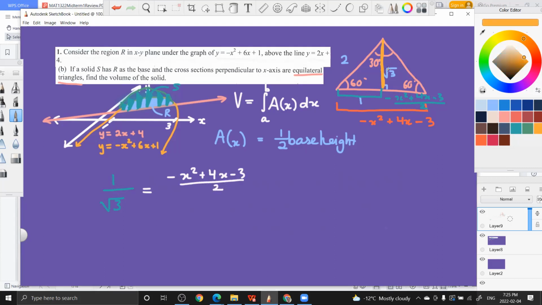And the height, we can say h. H is the height, right? So divided by the height. So you will find that the height is equal to the square root of 3 times negative x squared plus 4x minus 3 divided by 2.